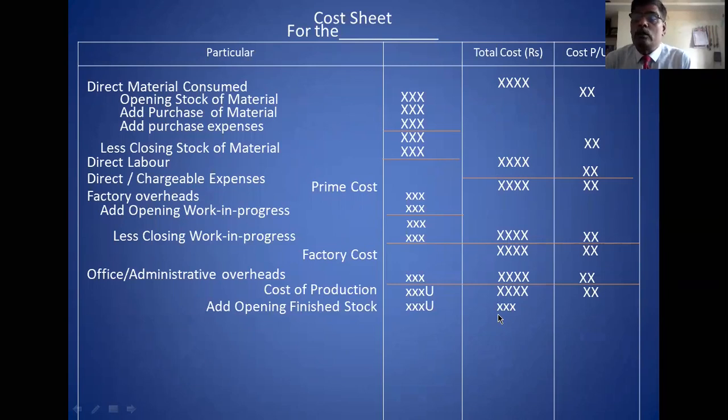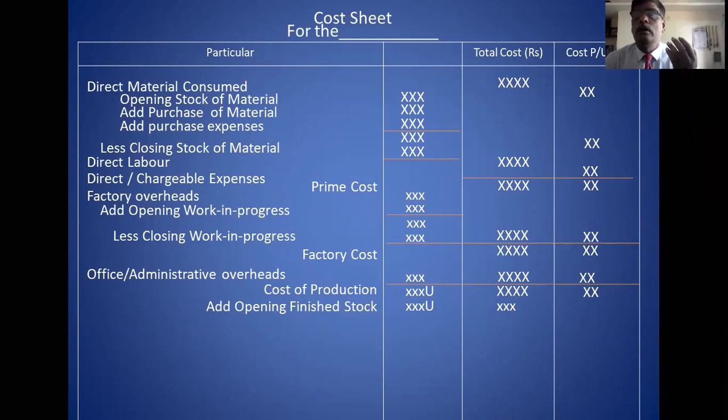If the value is not given, then you calculate the value by multiplying the number of units and cost of production per unit. This is the point. And you write the opening stock units in the inner column and total amount in the total column. Don't write the per unit in the per unit column. Remember this. It is very confusing.